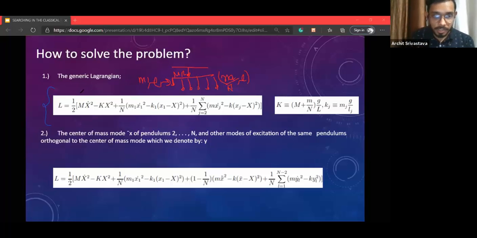What this equation is actually depicting is that x is the displacement of the support pendulum, and the equations that follow it.